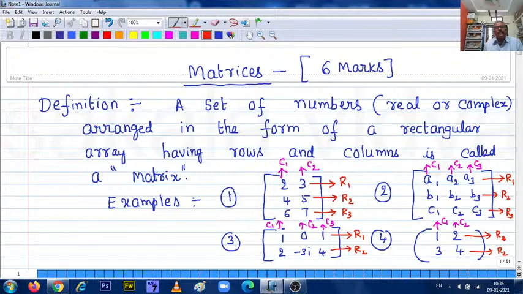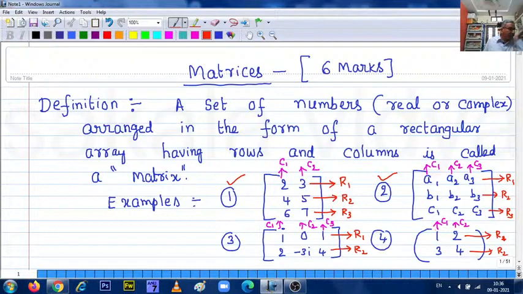So the first matrix contains 3 rows and 2 columns. Now, in the second matrix, how many rows and columns are there? 3 rows and 3 columns. In the third matrix, we have 2 rows and 3 columns. In the fourth matrix, we have 2 rows and 2 columns.